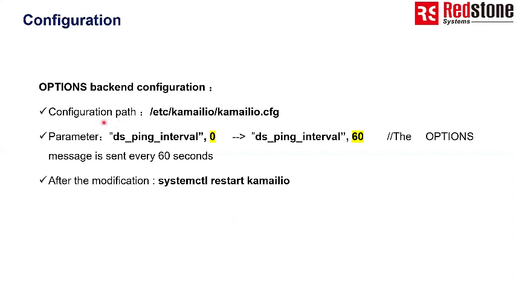So go to this configuration path, then set the parameter with this command ds_ping_interval. This shows that the ds ping interval is 60. It means that the options message is sent every 60 seconds. Then after the modification, to take effect, you need to set this command: systemctl restart kamailio.